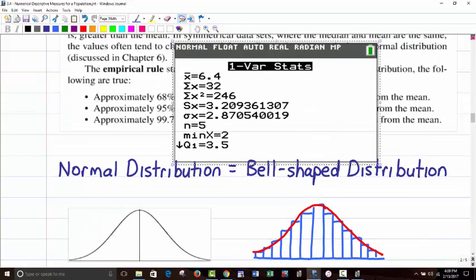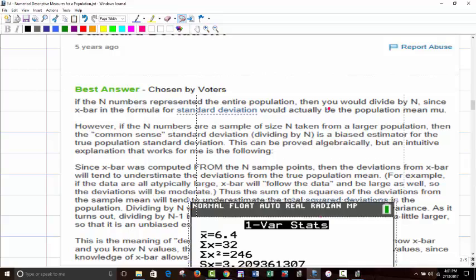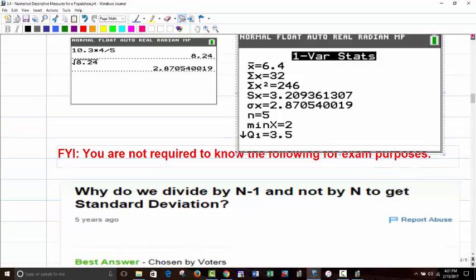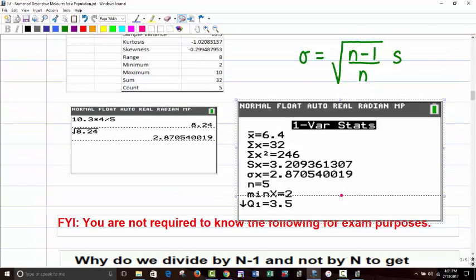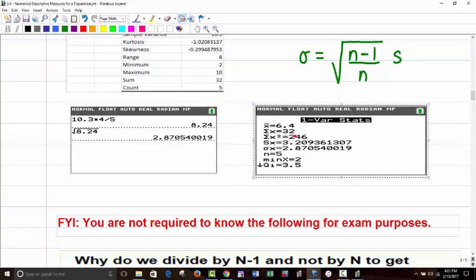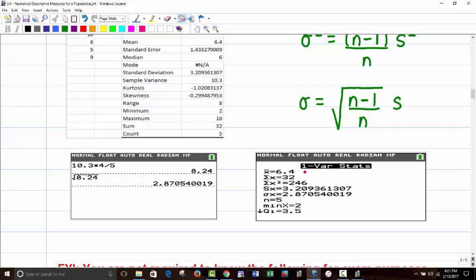And we'll be able to look at the two standard deviations. So you see Sx is 3.209, which is what the Excel gives, and then the sigma x right below it is what we just calculated for population, 2.87, whatever. All right, so that takes care of that.